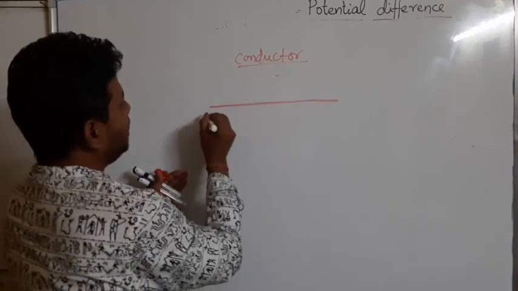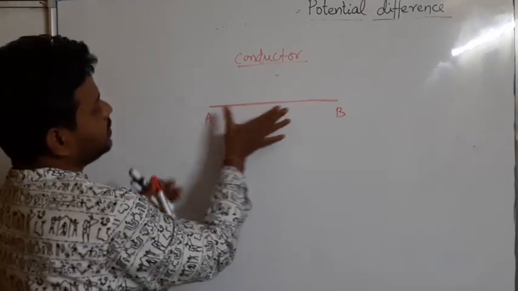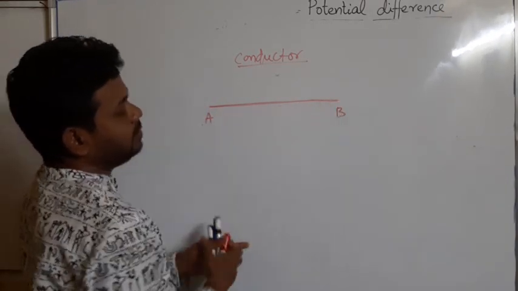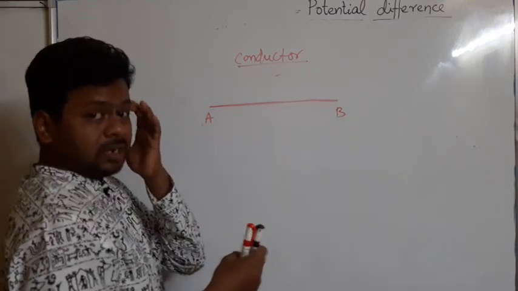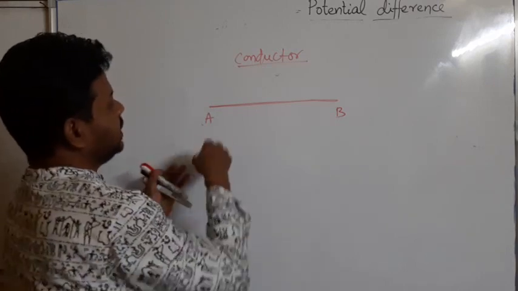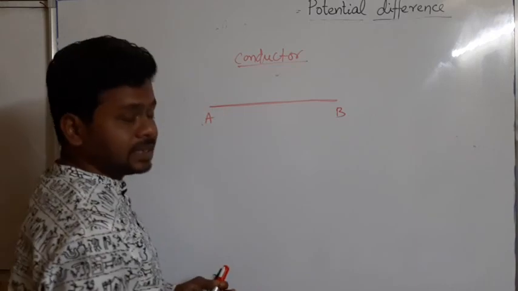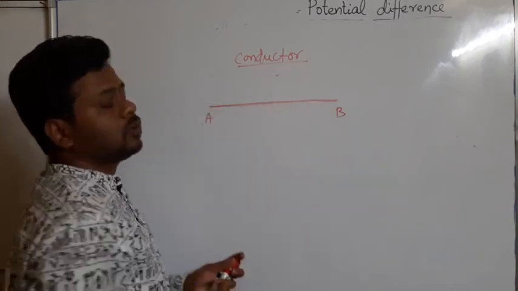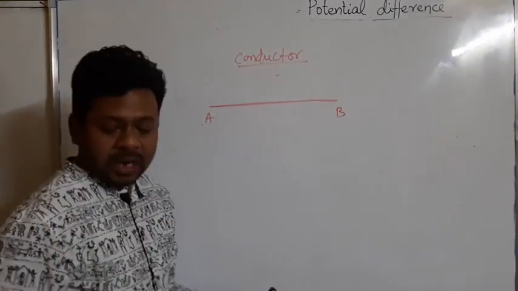It means this is point A and this is point B. If these 2 points have the same electric pressure, which in physics terms is electric potential, if the same electric potential is there between the two ends, then the electrons will not flow, the charge will not flow, so there will be no current.